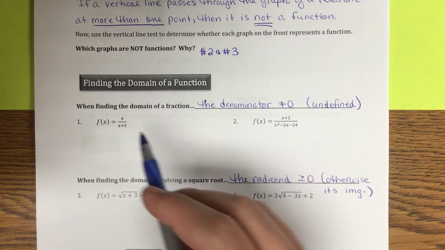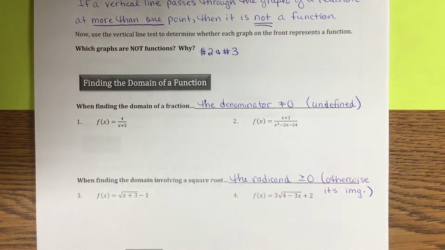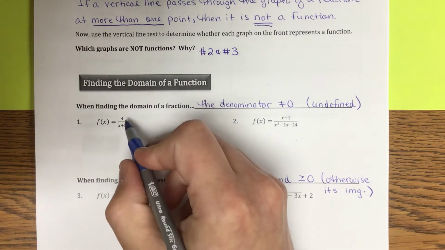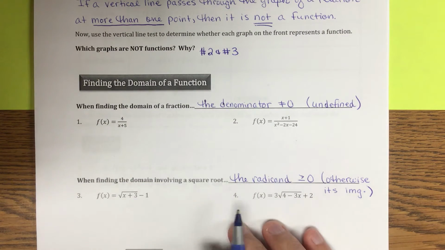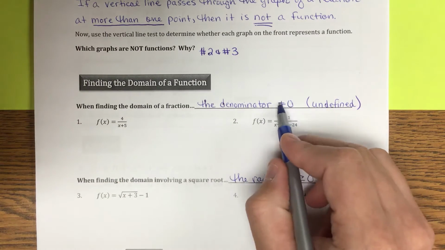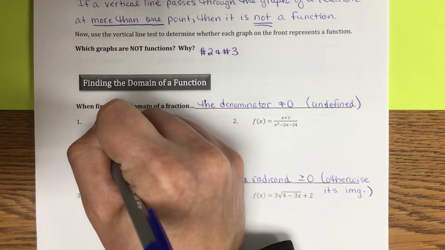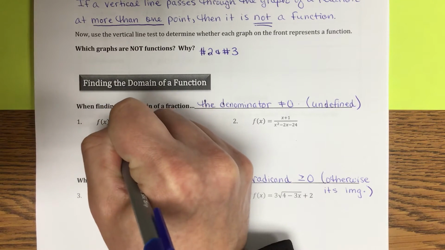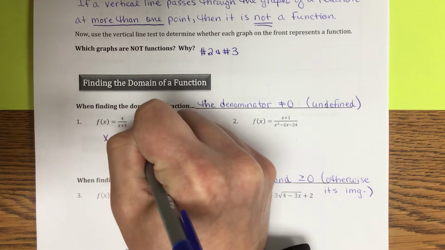So when I want to find the domain of a rational function, it doesn't really matter what's in the numerator, because we want to focus on the denominator not being equal to 0. So for number 1, you're just going to take whatever the denominator is, and you're going to say it can't equal 0.